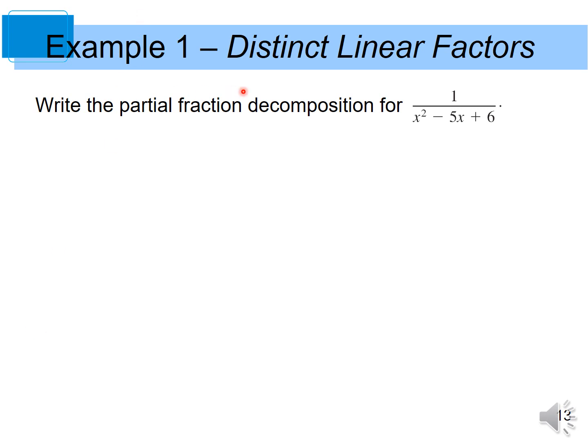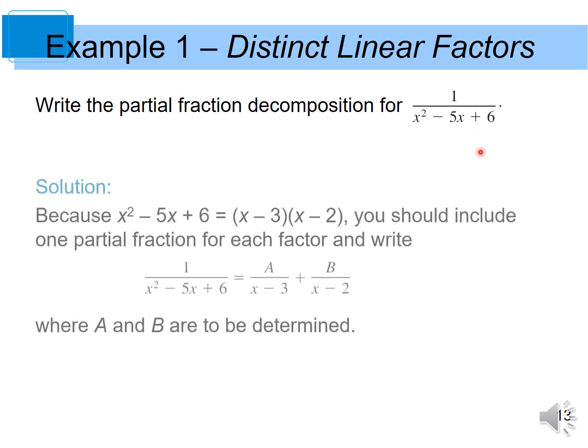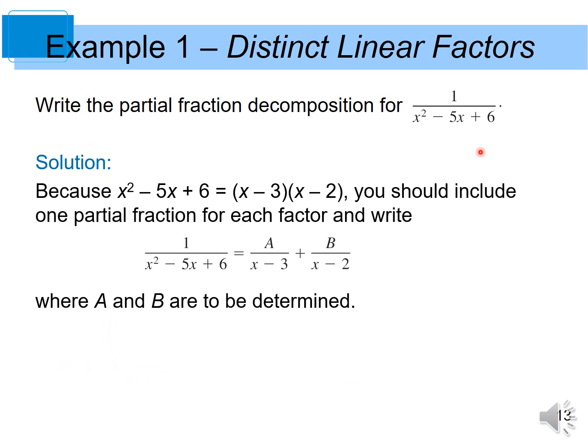Look at this example. Write the partial fraction decomposition for 1 over x squared minus 5x plus 6. Because we know that x squared minus 5x plus 6 can be factorized, we have (x minus 3) times (x minus 2).